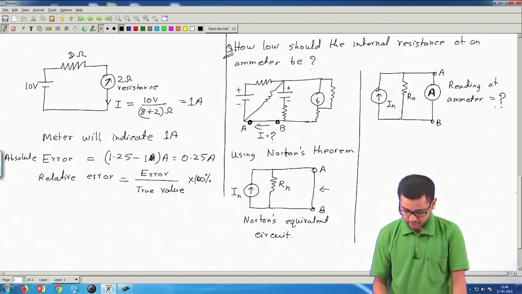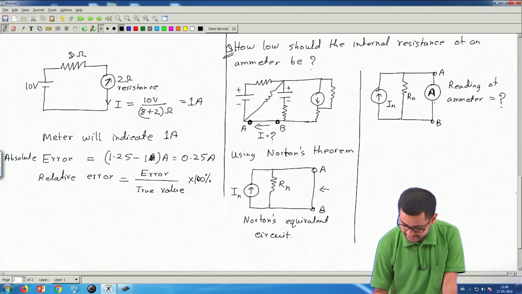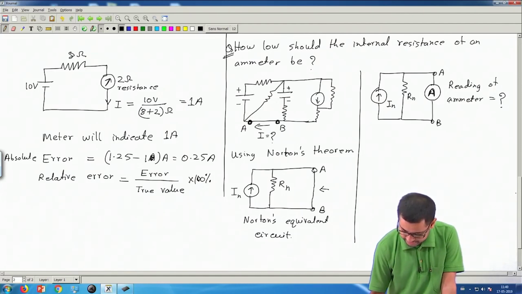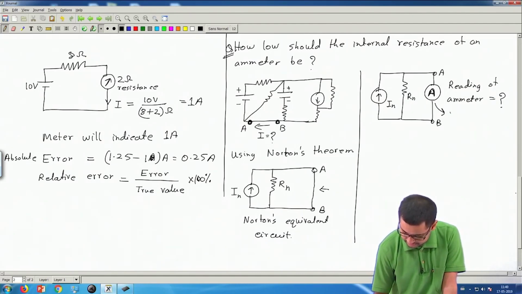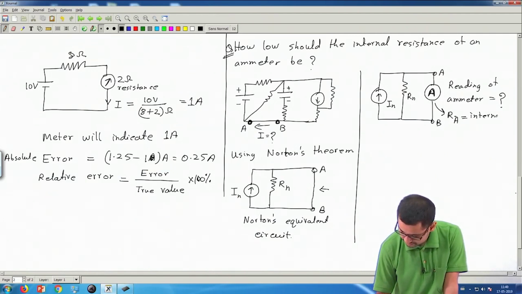Okay. Now, the reading of this ammeter will depend on the internal resistance of this ammeter. Say the internal resistance, call it R A, is the internal resistance. Okay.